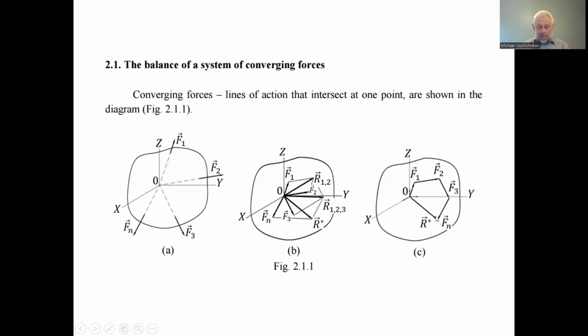We can find it as well just by consecutive summing of the forces F1, F2, F3, etc., if we put the beginning of each force vector to the end of the previous one. So we can find the resultant force consecutively as well. This is convergent forces.